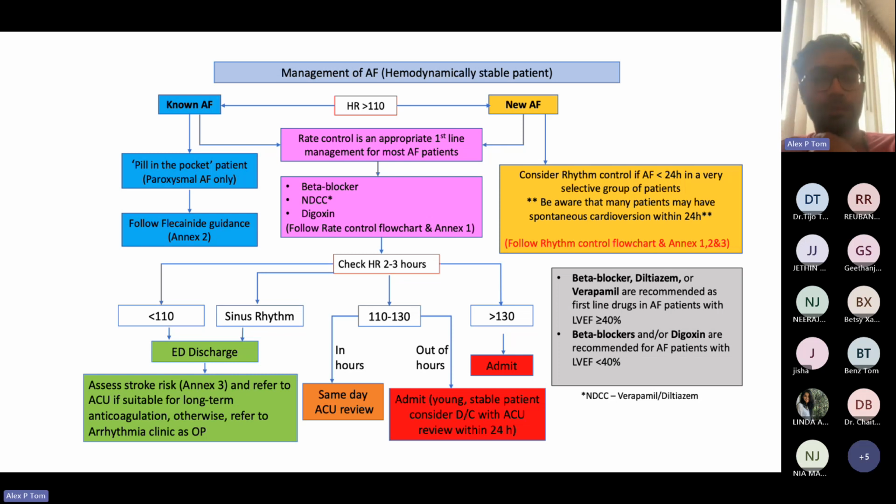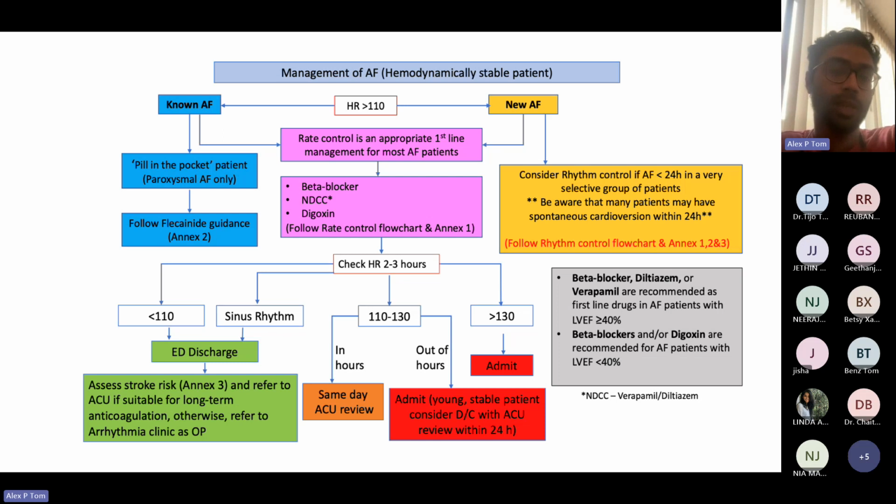Most of these patients would benefit from a rate control approach, and in some selective categories, you can decide that a rhythm control approach would be good for these patients. For such patients, we need to follow the rhythm control strategy, and I'll speak about it later.